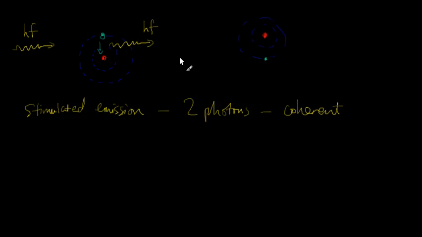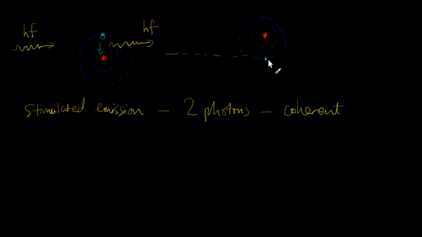emitted photon, either this stimulated photon or the original photon, come and hit this atom, it would then stimulate the emission of a photon, right? Assuming that this atom has an electron in the excited states or in the higher orbit.